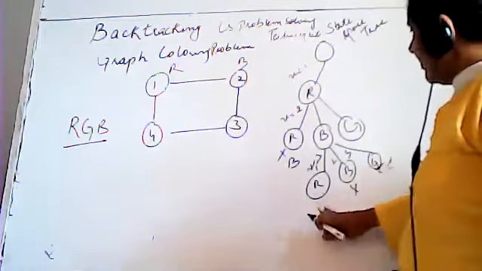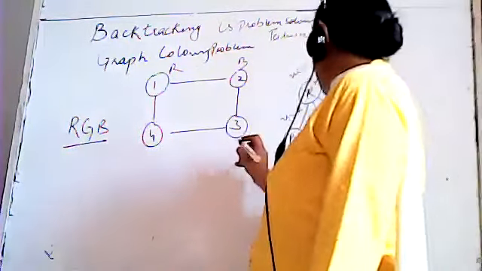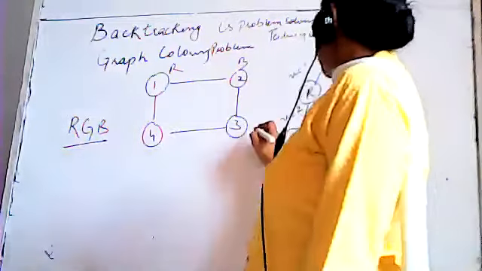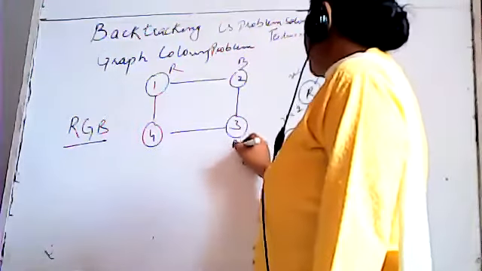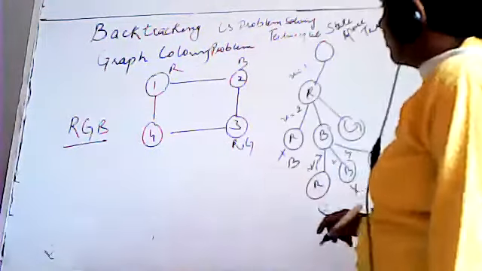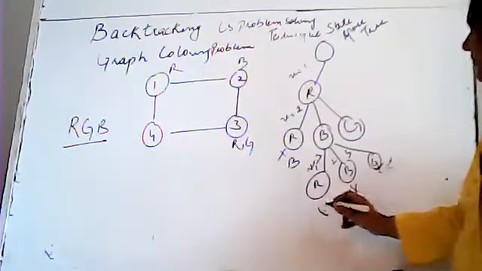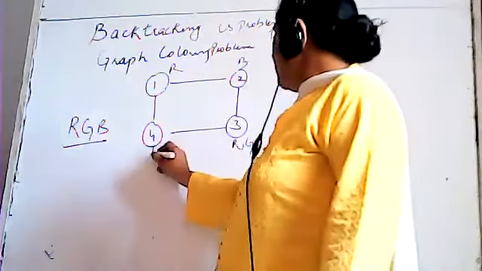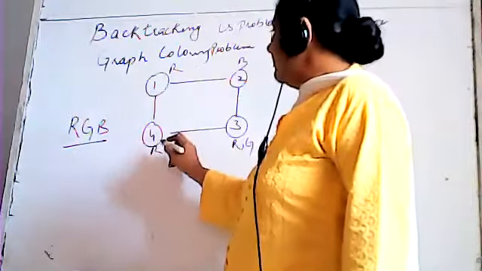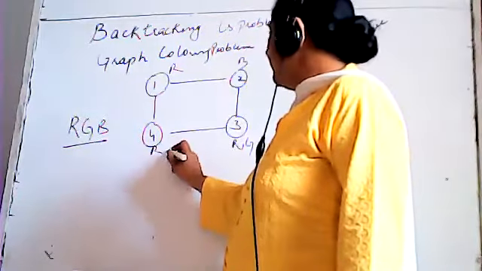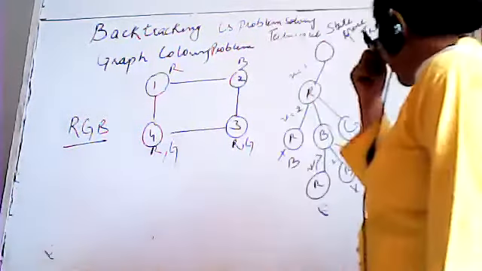Now come to the fourth node. Here, what color can it be? Red or green. First of all, we will talk about red. If 1 and 3 are red, then what about the fourth node? Can we give red? No. Can we give green? No. Then which color will we give? Blue.